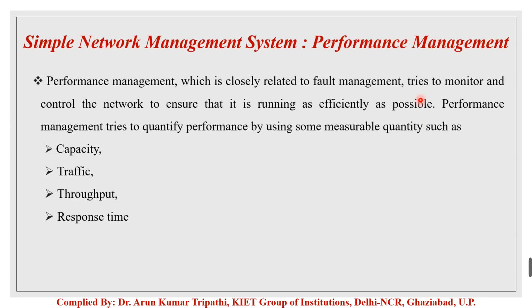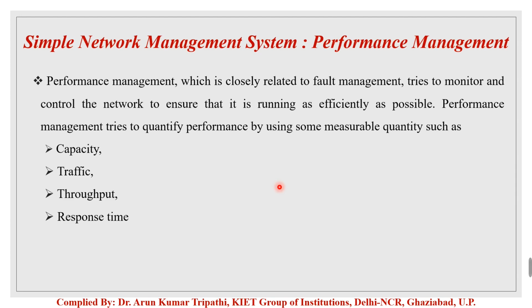When the system is executing, it is necessary to measure the performance, how the system is performing. The performance of the system is based on some parameters that are capacity, traffic, throughput, and response time.